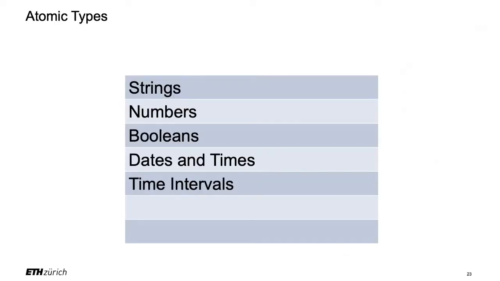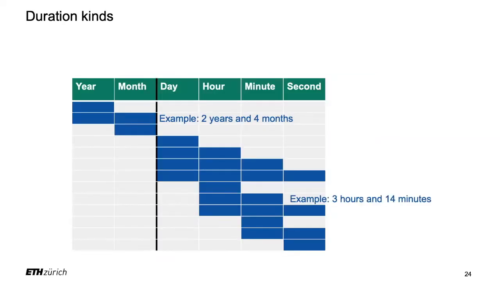Then we have intervals. And intervals are a bit tricky because there is, let's say, a wall in between. And that wall is between months and days. So you can have time intervals with years and months that is unambiguous, 2 years and 4 months, for example. You can have intervals with days, hours, minutes and seconds, like 3 hours and 14 minutes, right?